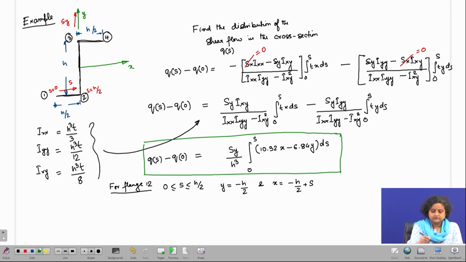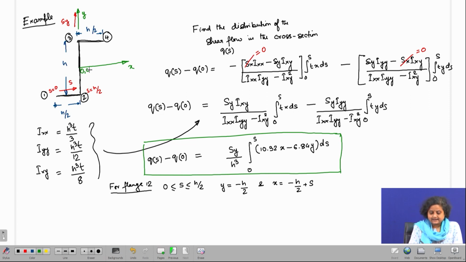This is the origin, the centroid as well. So when s is equal to 0, that is at point 1, x is equal to minus h by 2, and when s is equal to h by 2 at point 2, x is equal to 0. So, this is the correct representation of x and y in terms of s.